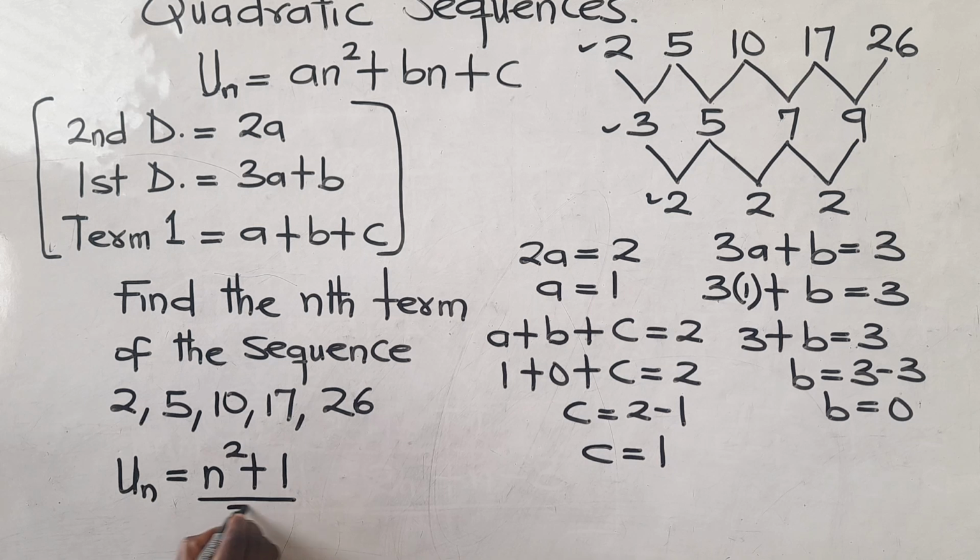So this is the nth term of the sequence. Remember, b is 0, so 0 times n is 0, so we don't put it there. So we have n square plus 1.